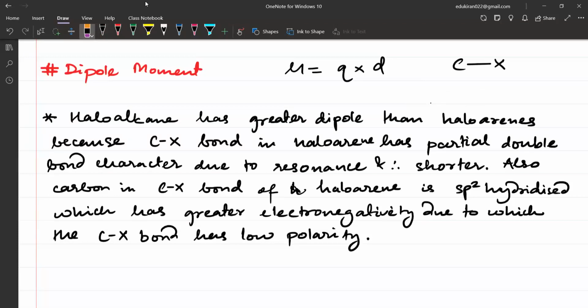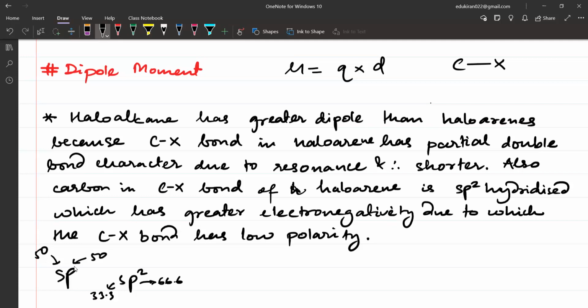In sp, you have 50% s and 50% p. In sp2, you have one s and two p, so it is 33% s and 66% p, approximately.